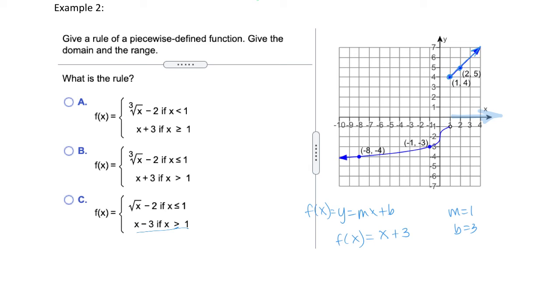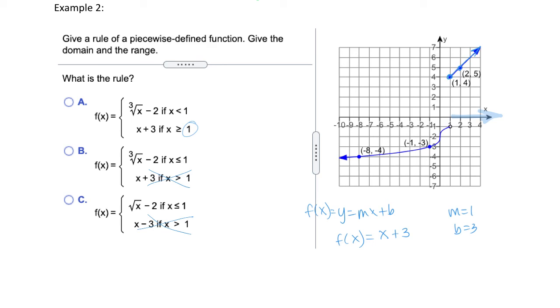And then we need a plus. So I'm looking at this one right here. This one's not working because, oh yeah, it could be greater than or equal. That is actually the one we want. This one doesn't work because it's x minus 3. This one doesn't work because it's not greater than or equal to.